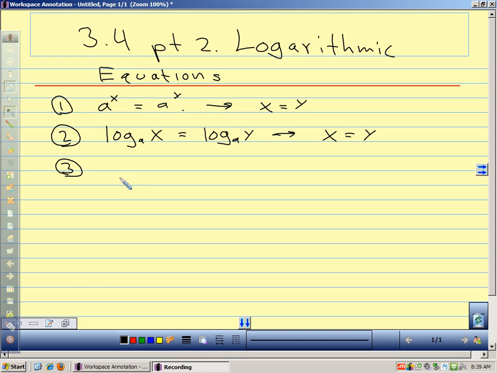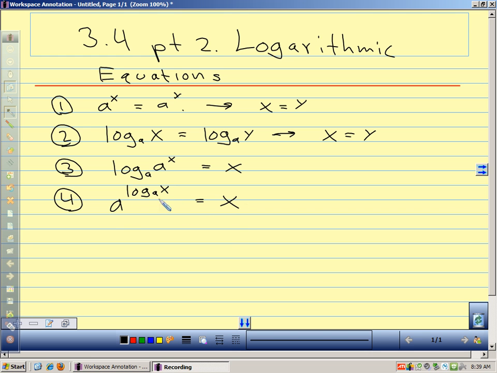Our log functions and our exponential functions are inverses. So log base a of a to the x is just equal to x, and the same thing for a to the log base a of x just equals x.